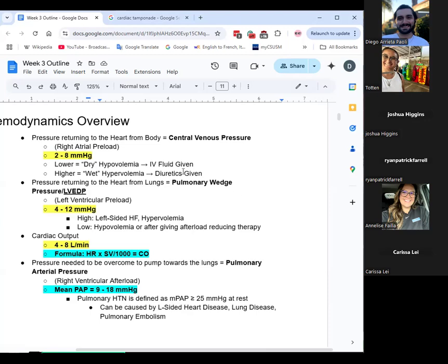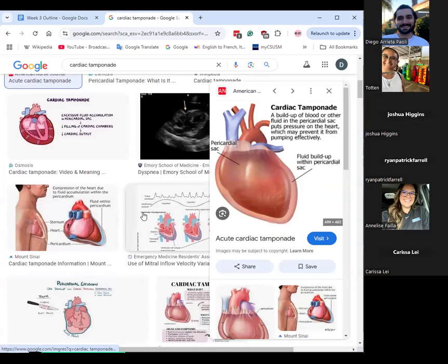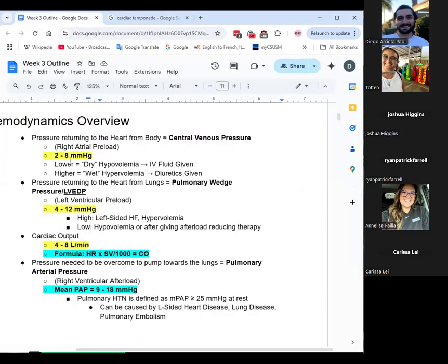So if you're having this fluid buildup that's preventing the heart from being able to pump effectively, then you start having backing up of circulation in the heart, in which case this CVP value is gonna go up because you're gonna be overloaded, you're gonna be unable to pump effectively on the right side of the heart, but you're also going to be unable to pump effectively on the left side of the heart.